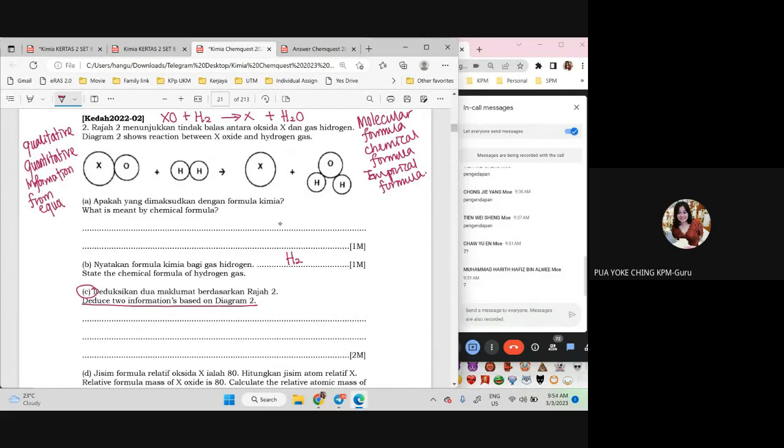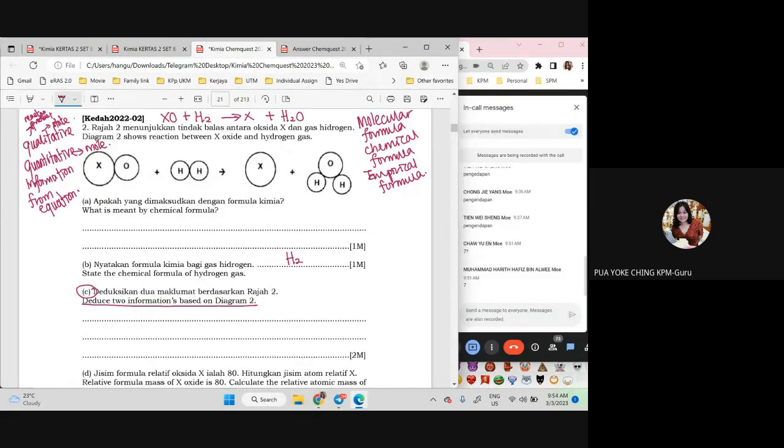Ini saya rasa sebelum cuti hari tu saya pernah bincang. Qualitative is you mention about the reactant and product. Quantitative is you really mention about the mole. This is reactant and then product and then ratio and then their state. Itu ialah soalan yang biasa.